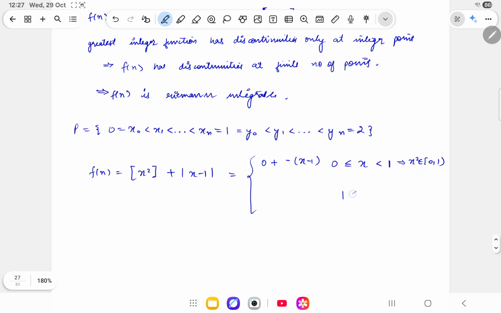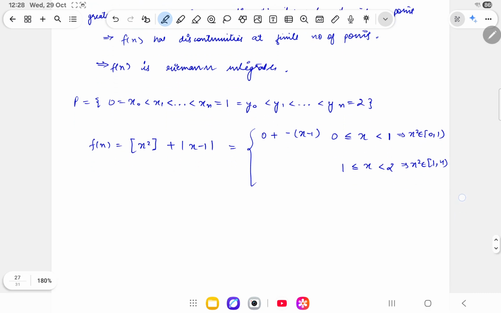When x lies in the interval 1 to 2, x square will belong to 1 to 4. In that case I again need to break it into subparts: when x square lies between 1 and 2, then between 2 and 3, and then between 3 and 4.